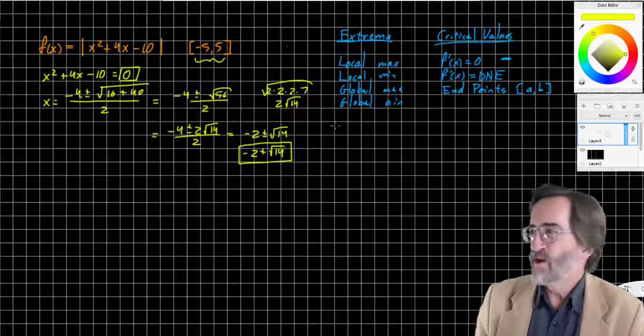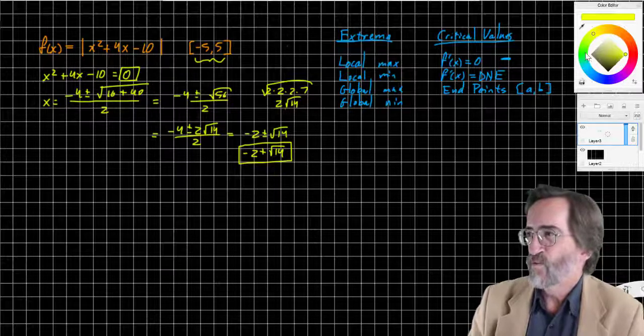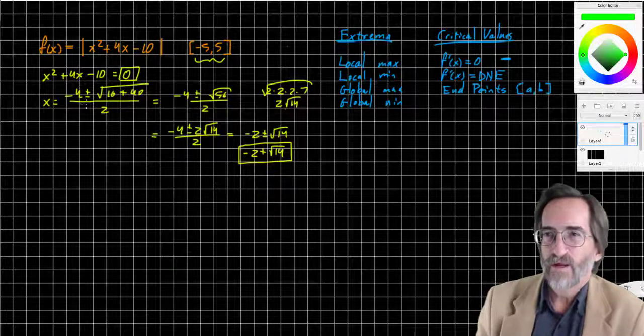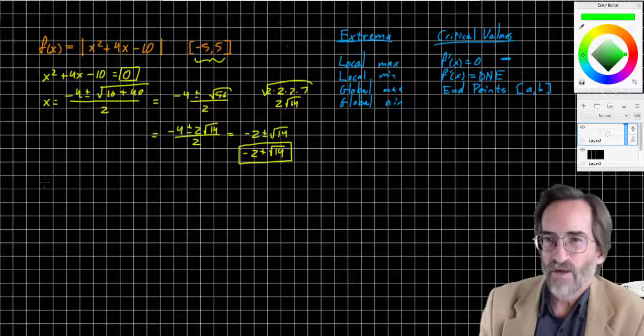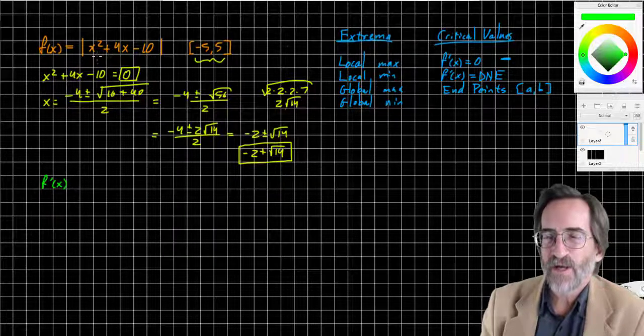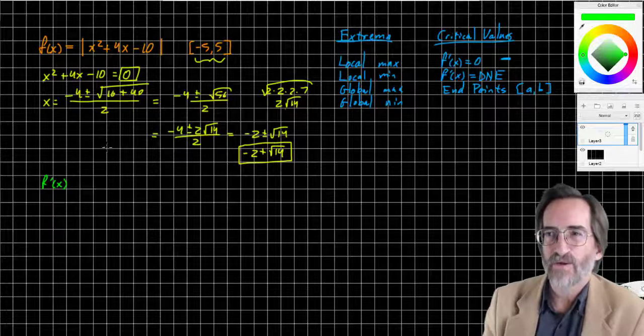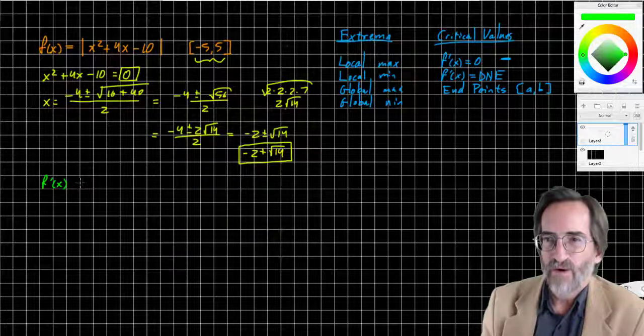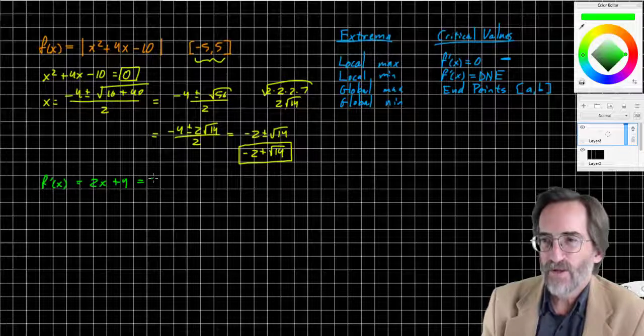Another critical value occurs when the derivative is 0. So f prime of x. Since we're setting it equal to 0, we're finding where the slope is 0, and it doesn't matter whether we have the absolute value or not. So the derivative here is going to be 2x plus 4. We set that equal to 0, so 2x equals negative 4, x equals negative 2.